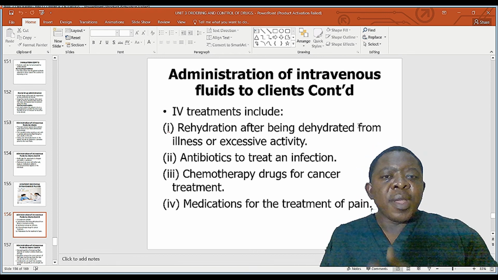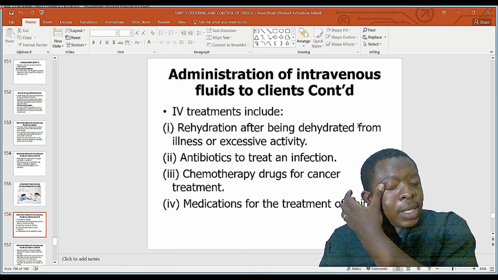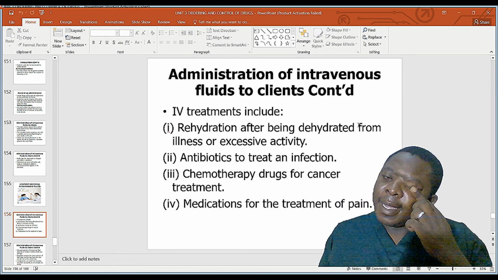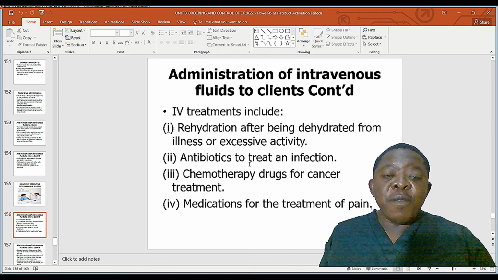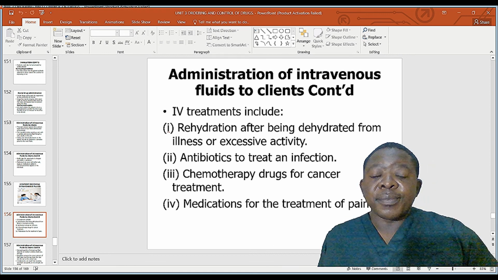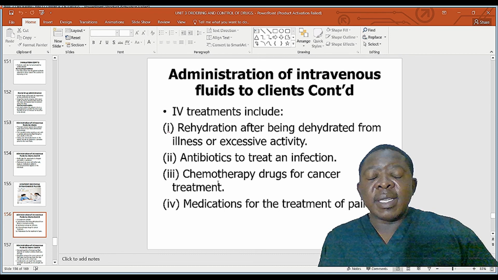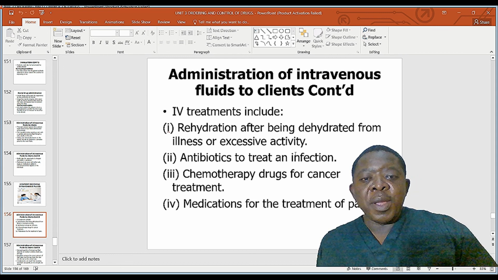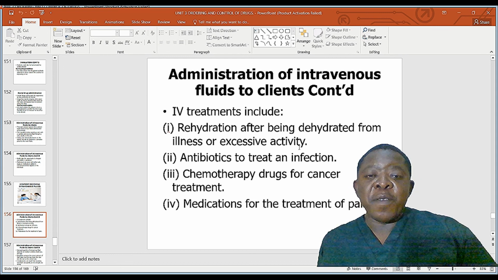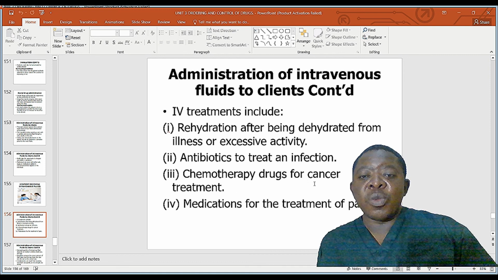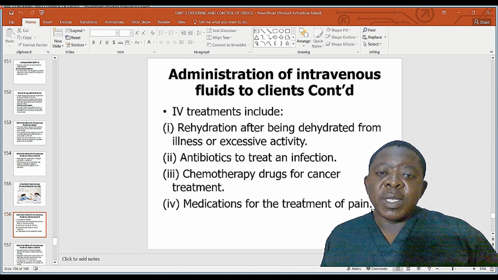We give IV fluid to rehydrate the patient, and for chemotherapy drugs; in cancer treatment, we may put the drug in a fluid. We may also give IV fluid for antibiotics to treat an infection.